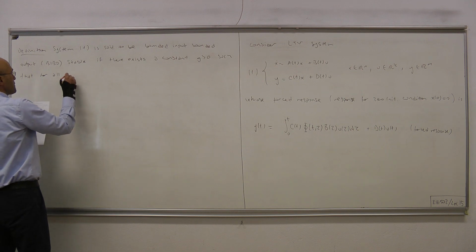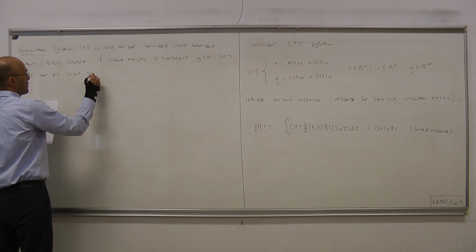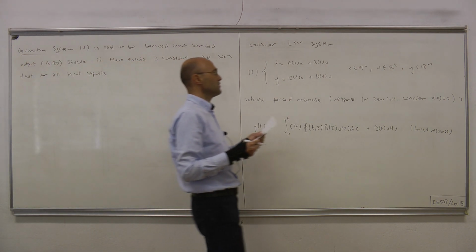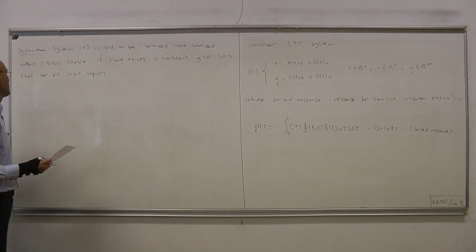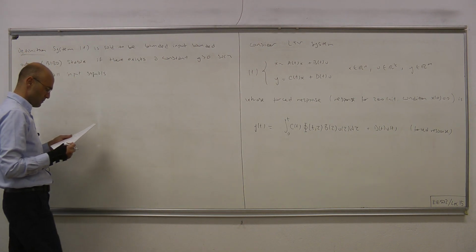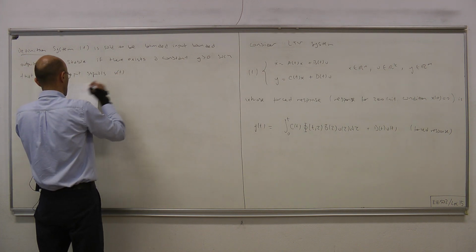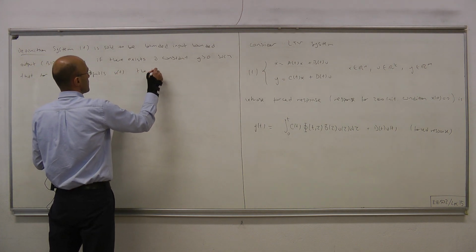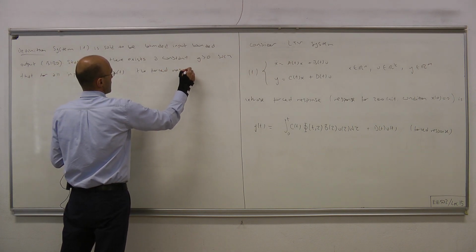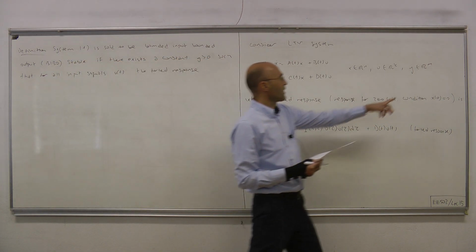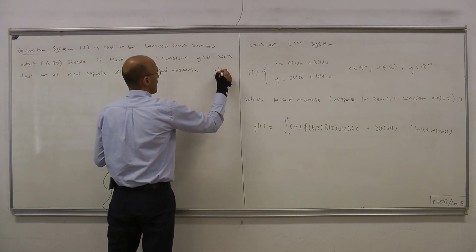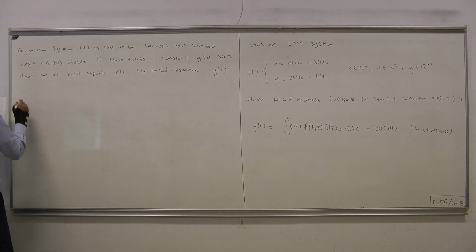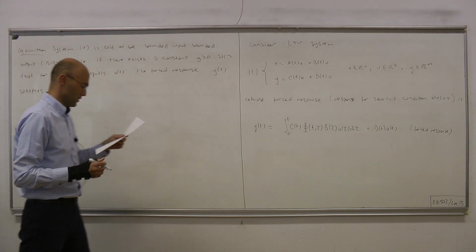for all input signals, which in general is a vector with k entries, and all those k entries are allowed to be functions of time. So for all input signals, u of t, the forced response, which is a vector in Rm, y of t satisfies the following norm condition.